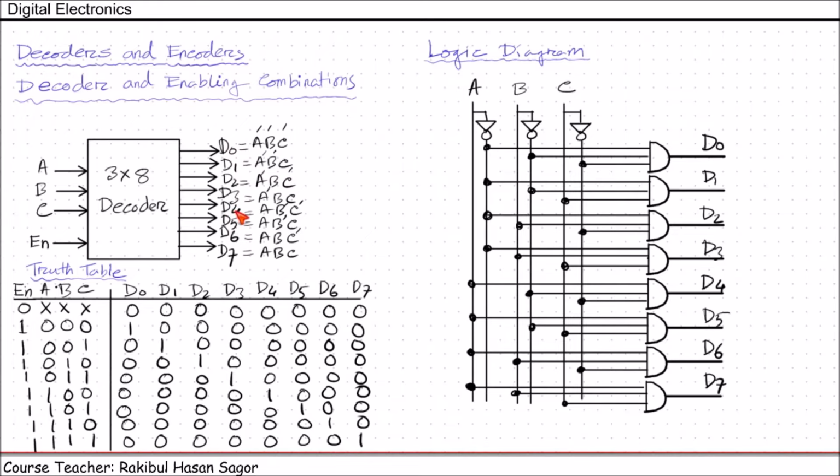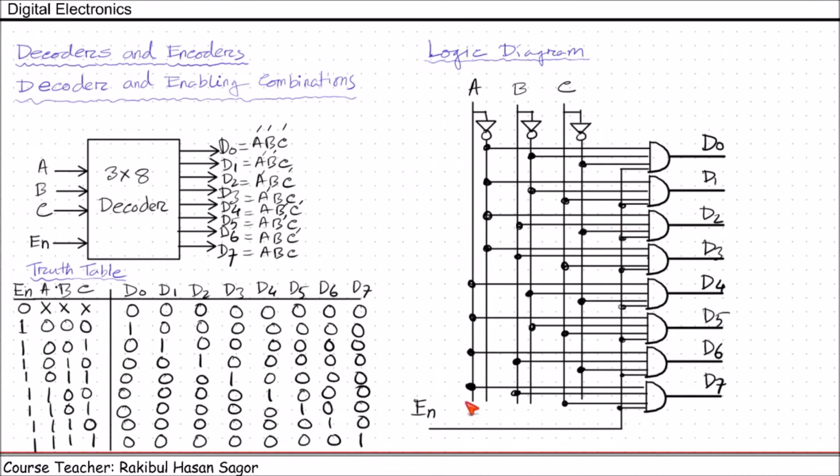In order to construct that, we need to provide one extra input to all the AND gates, which will be connected with the enable pin. So another input will pass through this line to this AND gate, and these are connected.